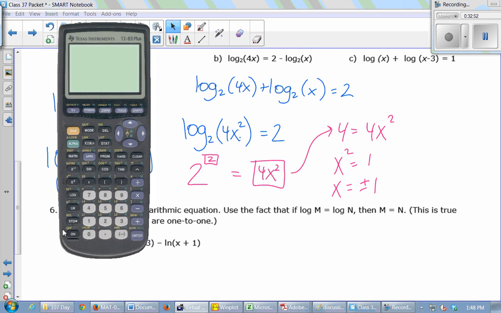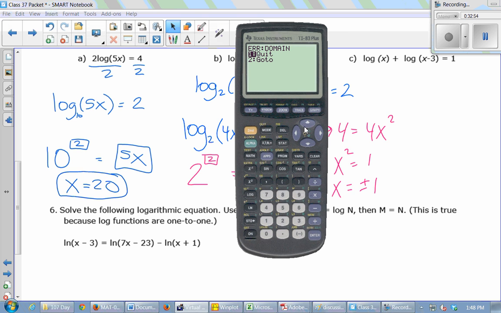Let's check part A. Okay, so I want to make sure that 2 times the log of 5 times 20, because x is 20, should give me what? 4. If I plug in my x equals 20 in here, I'm hoping to get 4 if I did it correctly. I do. Okay, good. So x equals 20 is really a solution.